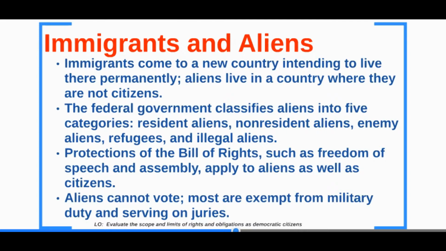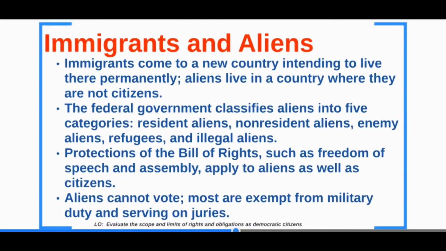The federal government classifies aliens into 5 categories: resident aliens, non-resident aliens. Now, of course, a resident alien has really established residency. Non-resident aliens basically don't live here. Enemy aliens are aliens that come from any country with which we are at war or have very tense relations.